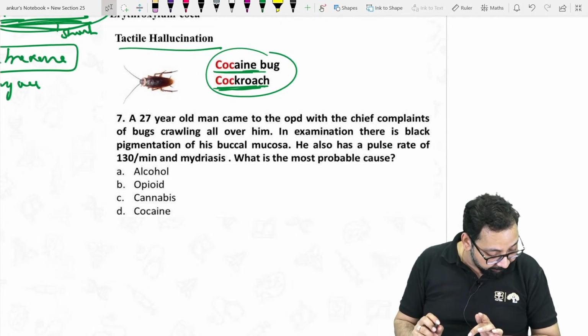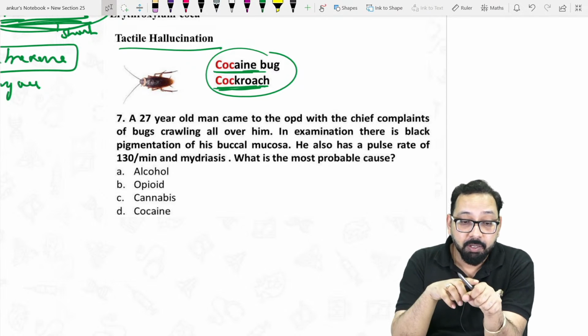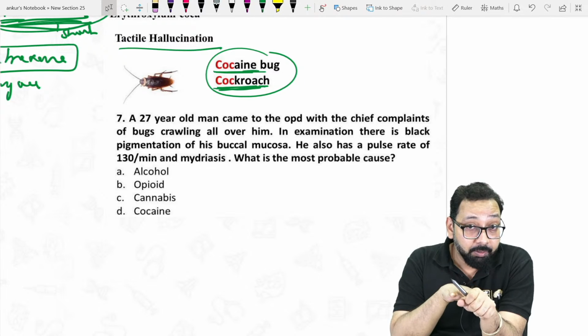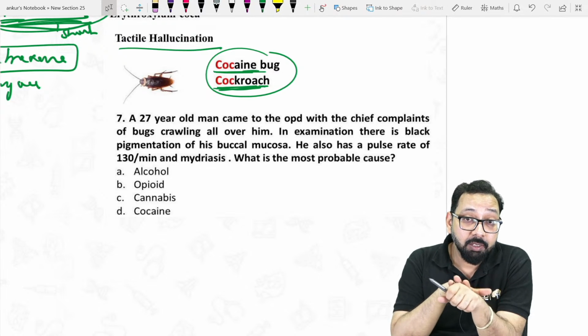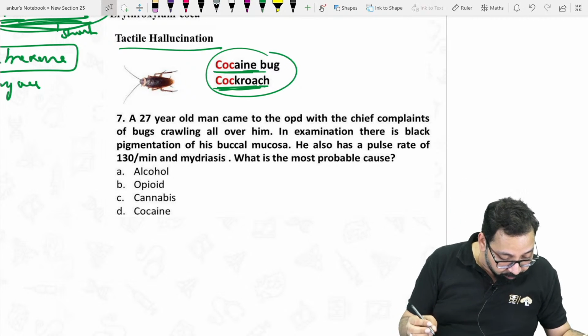Cocaine bug, tactile hallucination. Sometimes questions are asked that the patient is feeling that cockroaches or bugs are crawling under the skin. That is tactile hallucination.